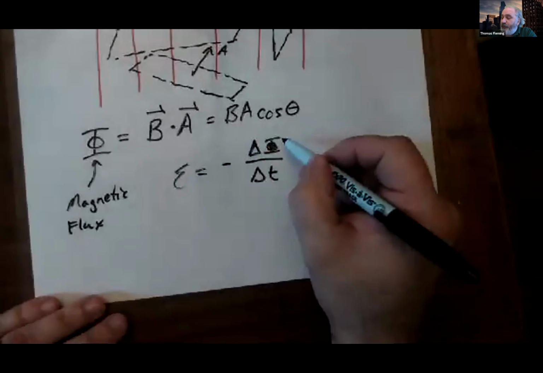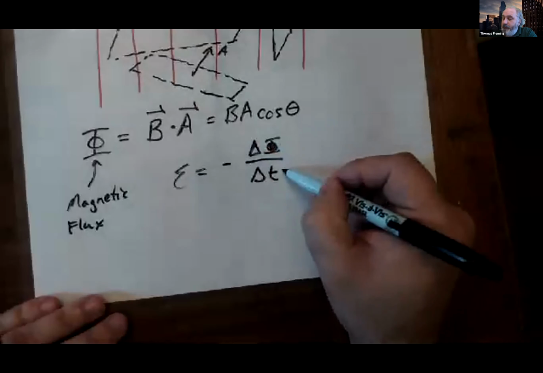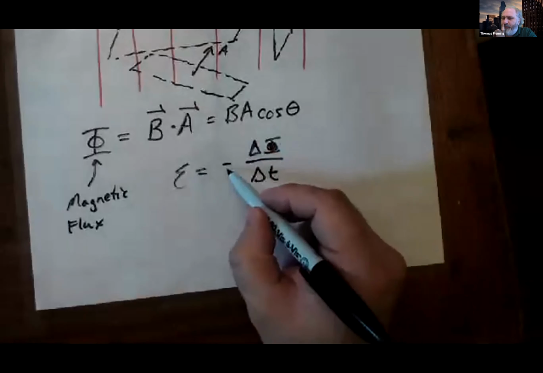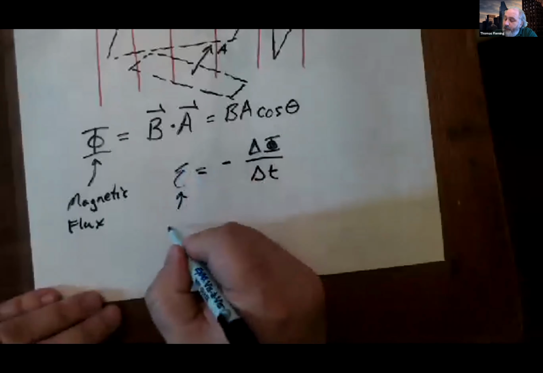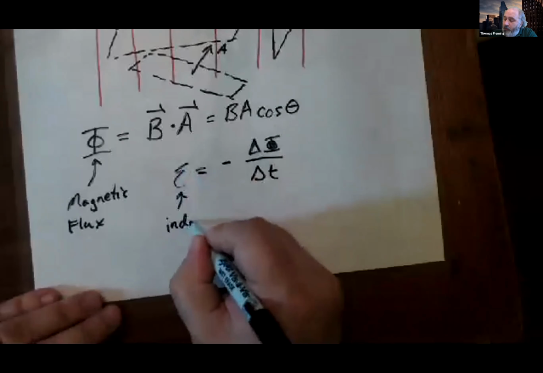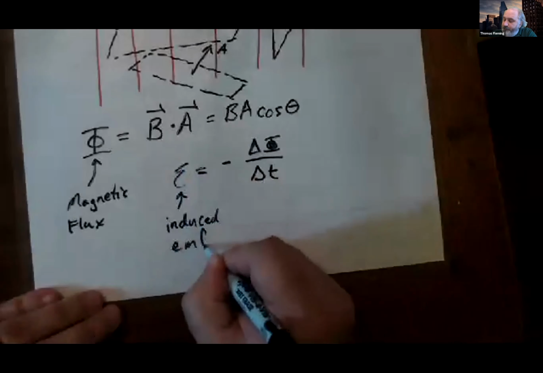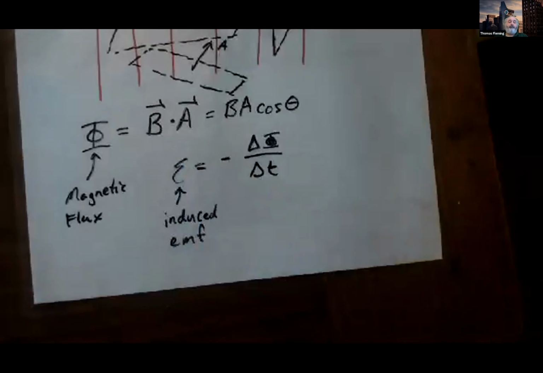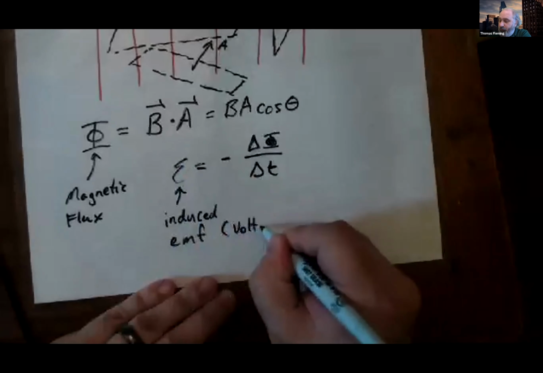If I look at the rate of change, the change in flux over time, there's a minus sign there. We'll think about that in a minute. That's going to give me what we call an induced EMF, which is a voltage.